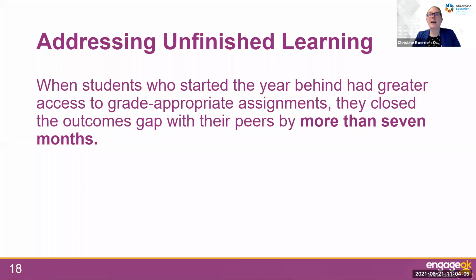When students had access to on grade level content, even when they were further behind their peers when they first got started, they closed the gap with their peers by more than 7 months. They made more than 7 months worth of progress compared to their peers. And so it's just very, very important to keep on grade level content at the forefront.